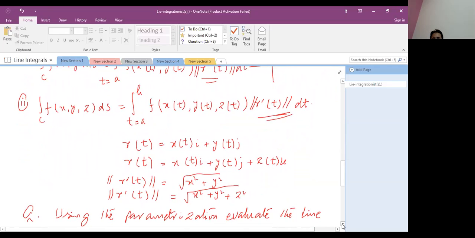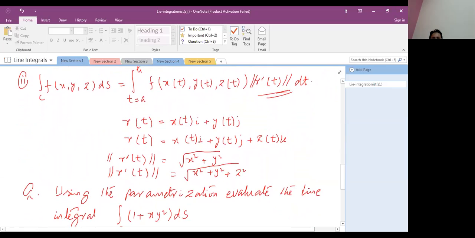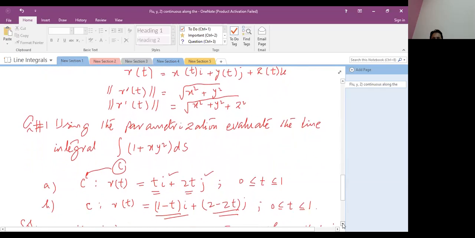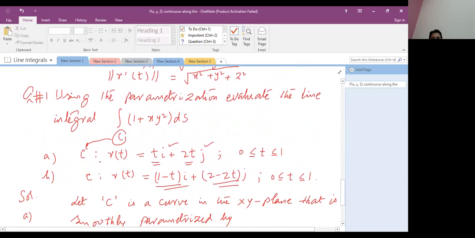So student, we will apply the given definition, according to definition 1. We solve question number 1 using the parameterization, evaluating the line integral in this form according to the definition. In part A, you are given the radius vector in parametric form. In both cases, the limit of t is 0 to 1.